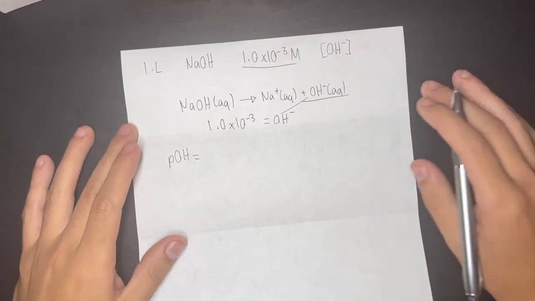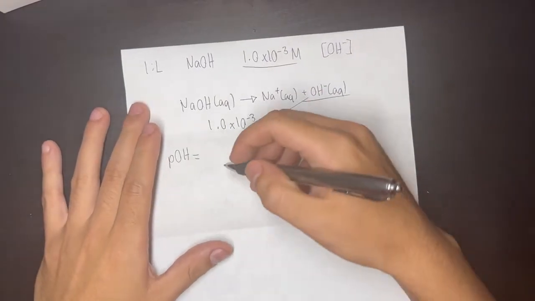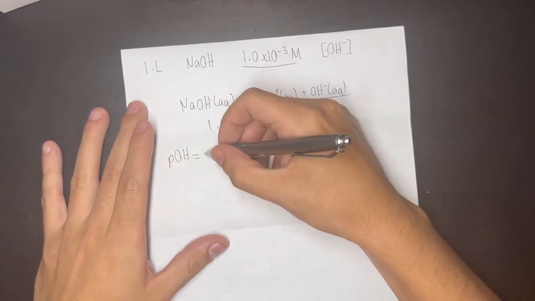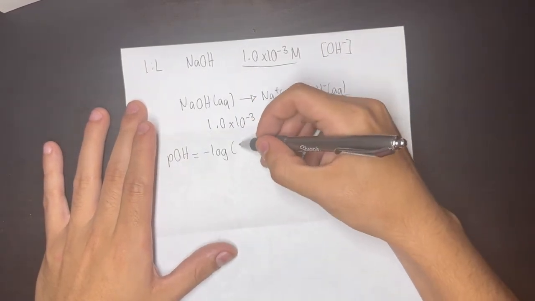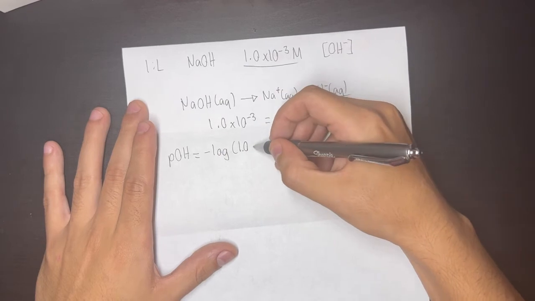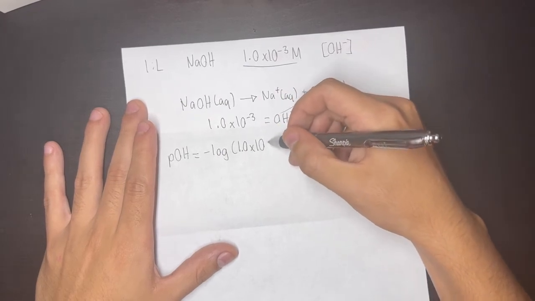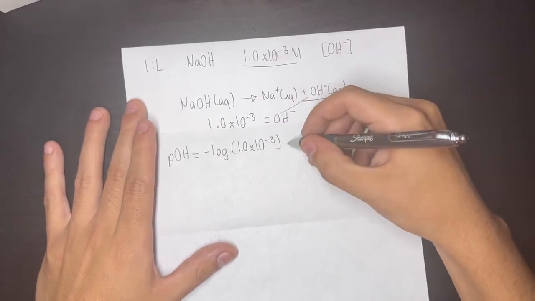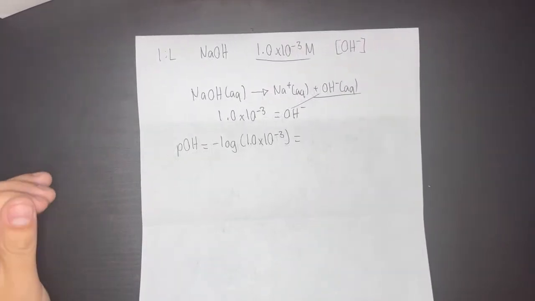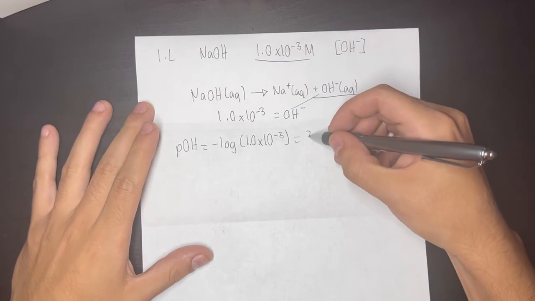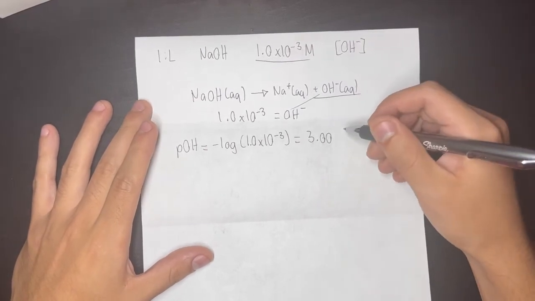So now to find the pOH, all we have to do is go back to our logarithmic formula and plug in our numbers, which would be pOH equals negative log of the 1.0 times 10 to the negative 3. You just have to plug that into your scientific calculator, and you would end up with 3.0 as the result.